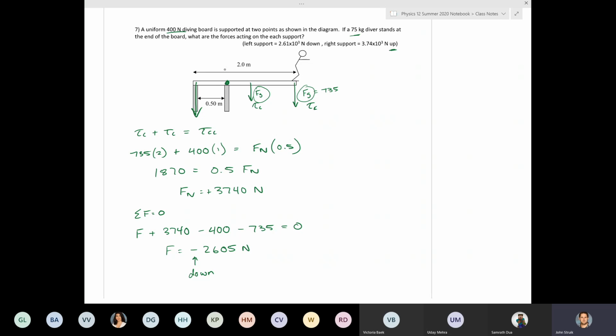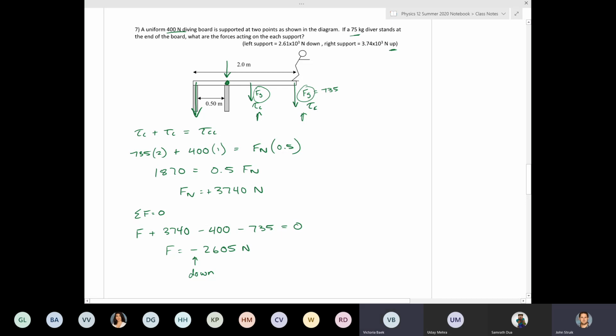Did anyone choose this as your pivot point? If you did, it would be the exact same setup. Torque clockwise plus torque clockwise equals torque counterclockwise. It would just be 0.5 times 400 and then 1.5 times 735 and then 0.5 times your Fn, or whatever that force is called.